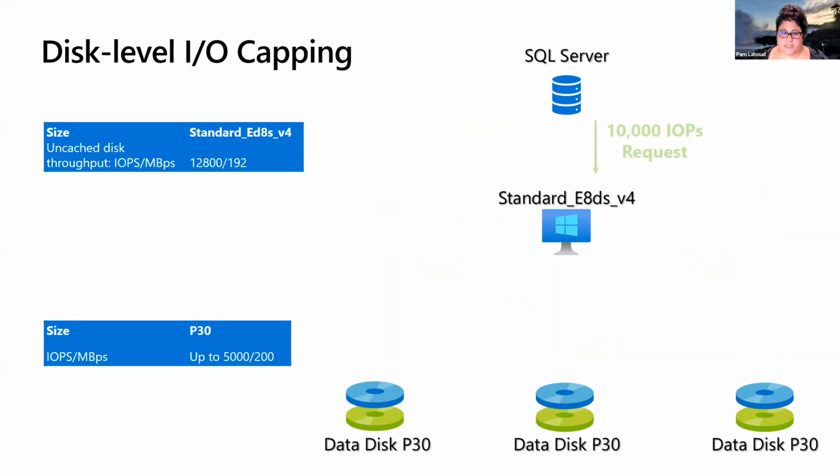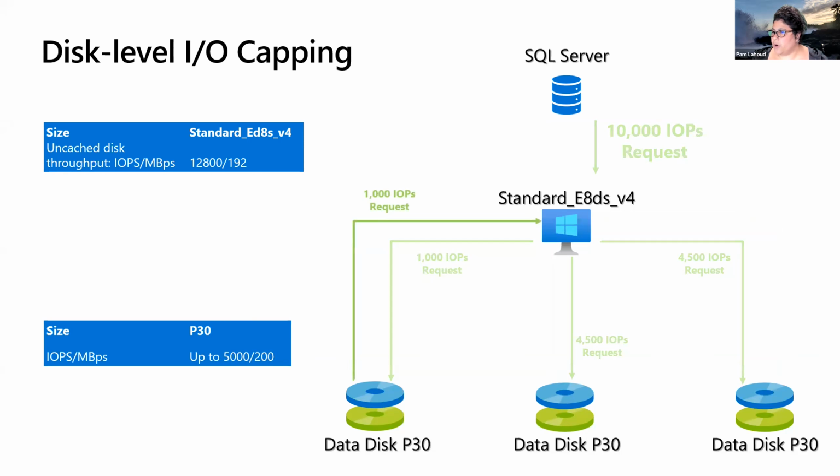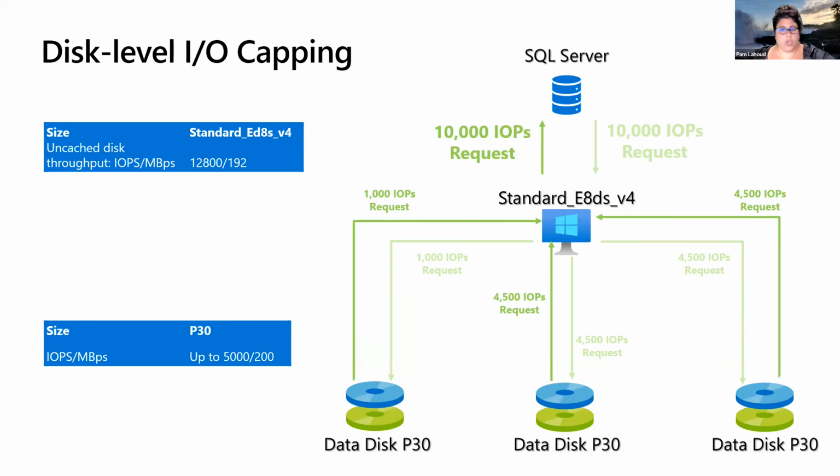So with this example with the P30s, 10,000 IOPS split up as they were before, these disks can handle that, and the VM can handle up to 12,800 IOPS. So no problem, no capping. So with this configuration, we would be okay.